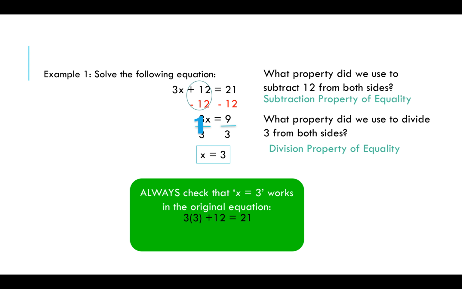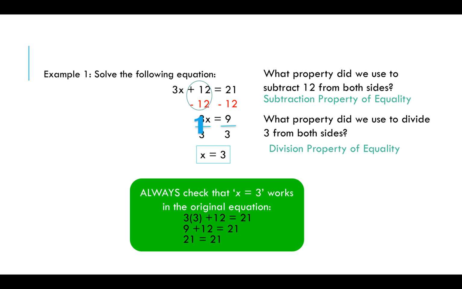So what is 3 times 3 plus 12? Well, 3 times 3 is 9. And now we have 9 plus 12, which is 21. Notice on the left-hand side of this equation, we kept showing the steps or the work.